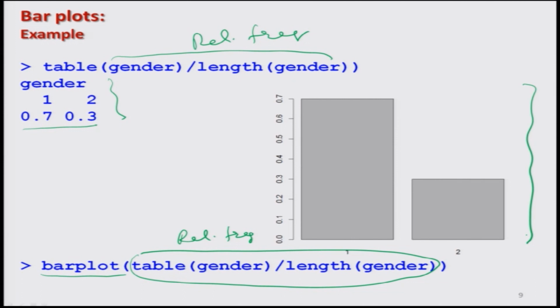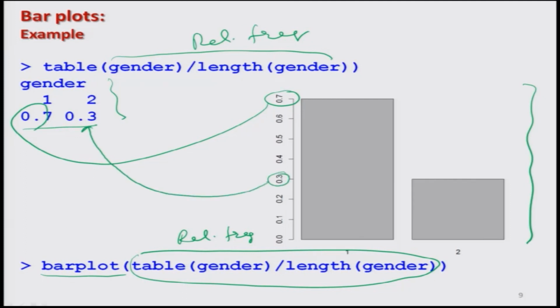So you can see here this value is 0.7, which is this value, and this value is 0.3, which is this value, and the height of the first category, this is my category number 1, which is male, and this is my category number 2, which is female.